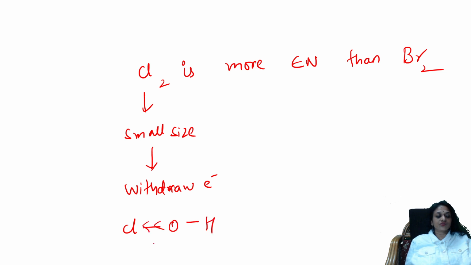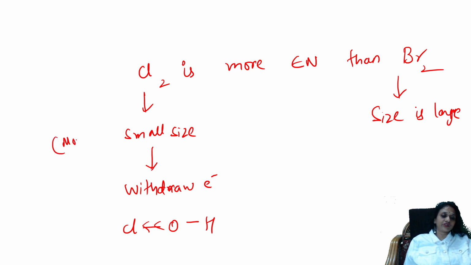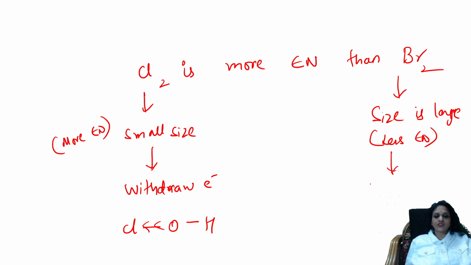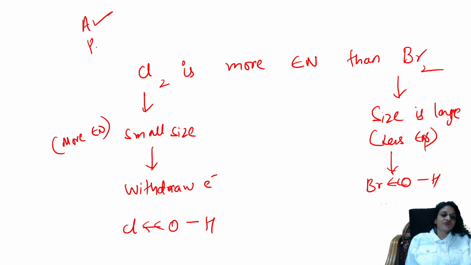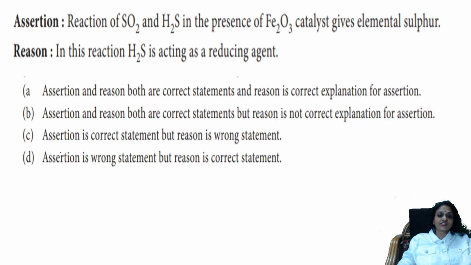Here the size is large, so electronegativity is less, and the tendency to withdraw electrons in bromine OH is less because electronegativity is less. That's why assertion is right, reason also right. Clear. Next question.